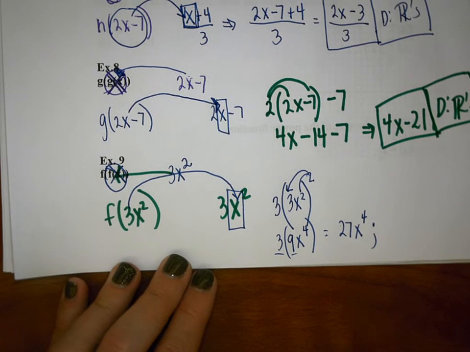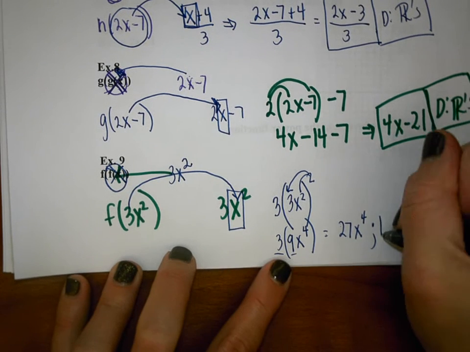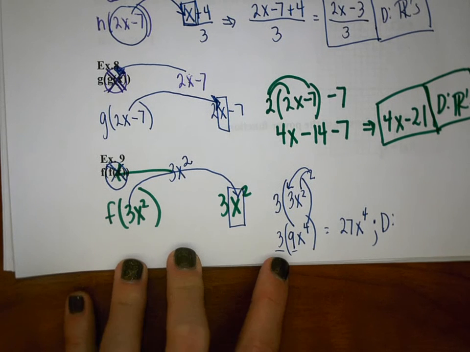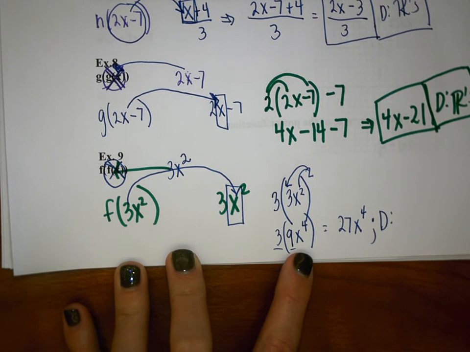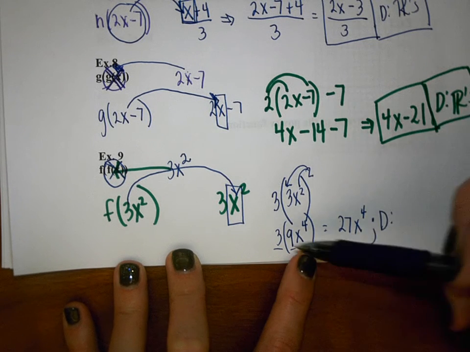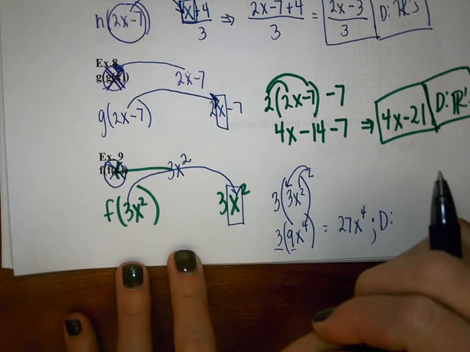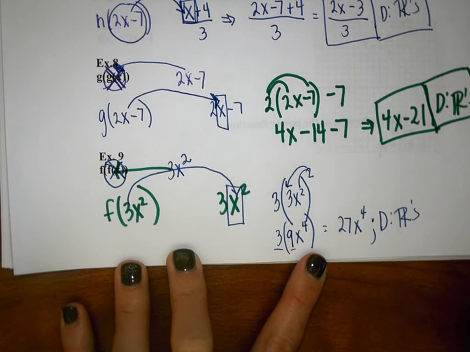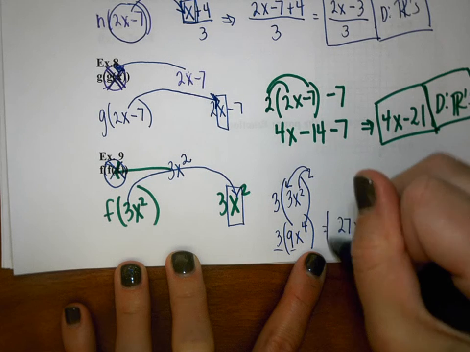Do we have any even roots that we need to worry about? If you plugged in a negative number, you would end up with a positive because you're taking something to the 4th power. But you can use all real numbers here because we don't have a root that has an even exponent and would give us an i. So that's my answer.